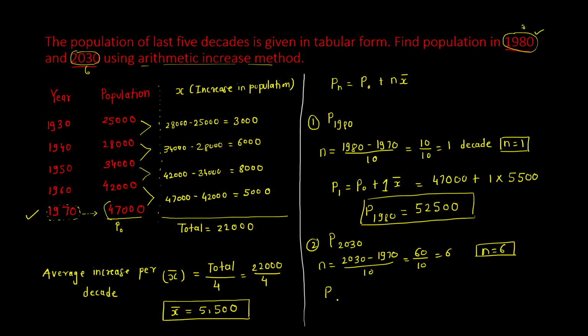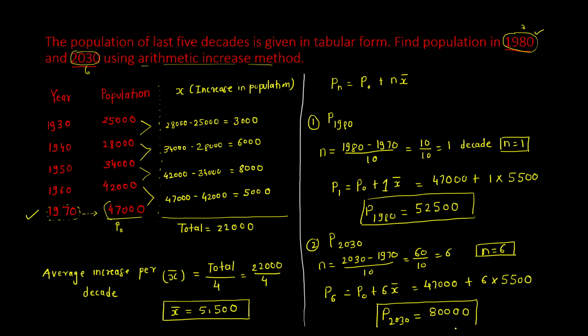Substitute in the formula: P6 is equal to P naught plus 6 x bar. Now P naught is the same, 47,000 plus 6 into 5500. If you calculate this, you will get the population in 2030 as 80,000.